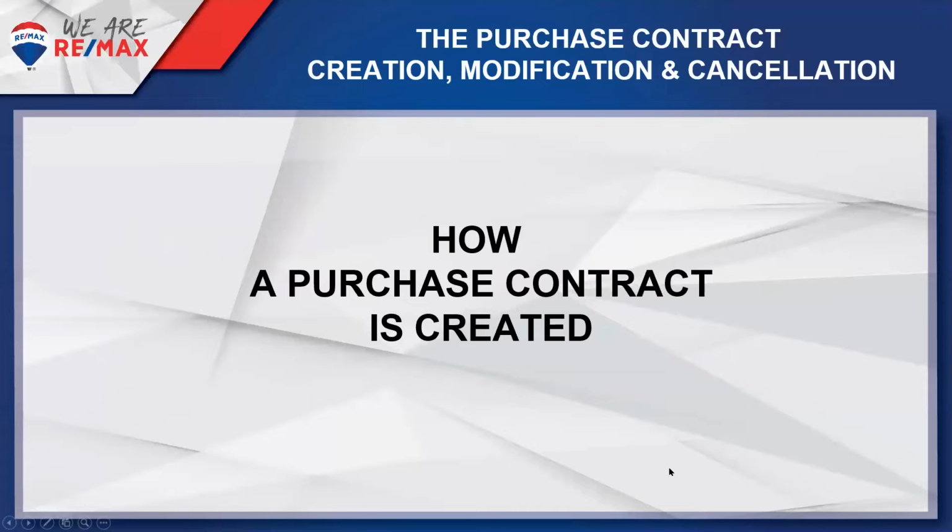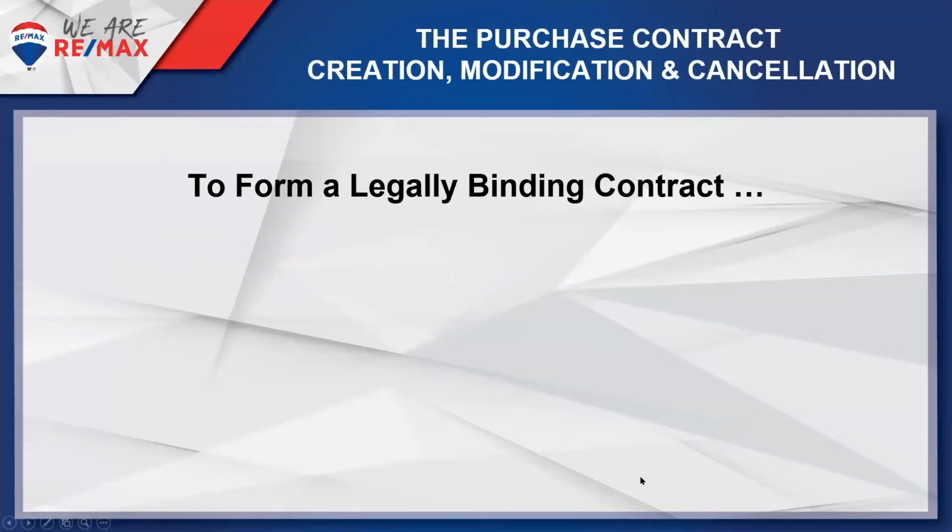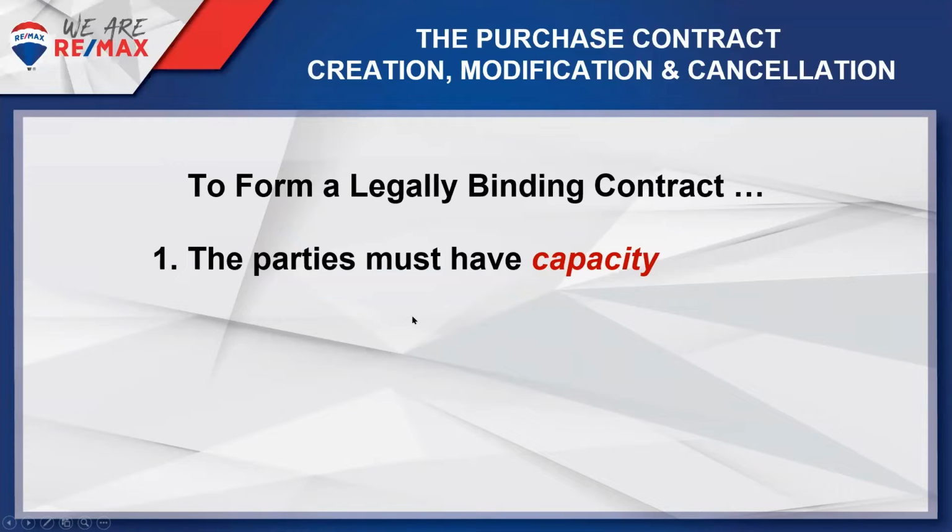All right, this is sort of an overview in general, and I'll give you a couple of specifics as we go along. To form a legally binding contract in the state of California, the parties must have capacity. The parties meaning the people who are contracting with each other. Capacity means they have to know what they're doing. They have to be of sound mind, and they have to be cognizant of exactly what they're getting themselves involved in.